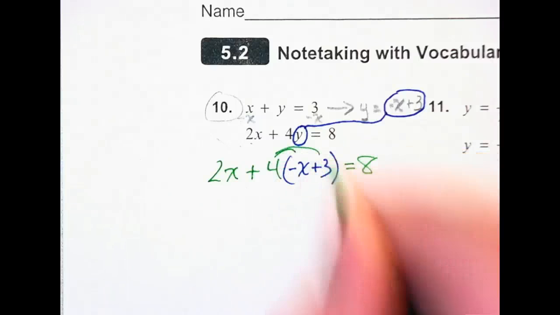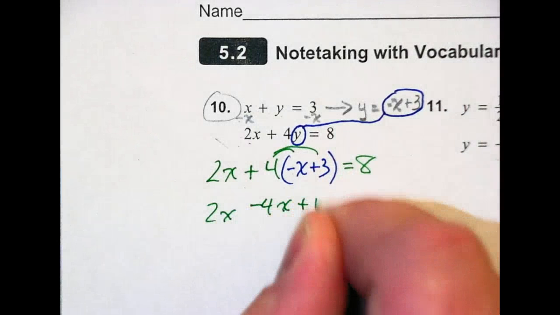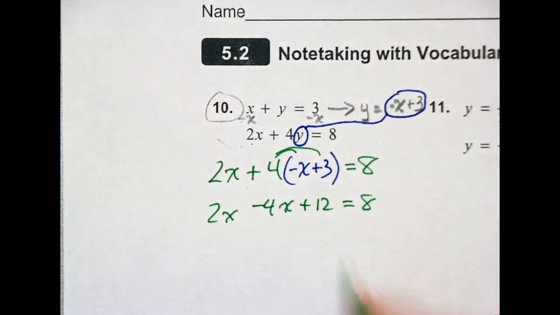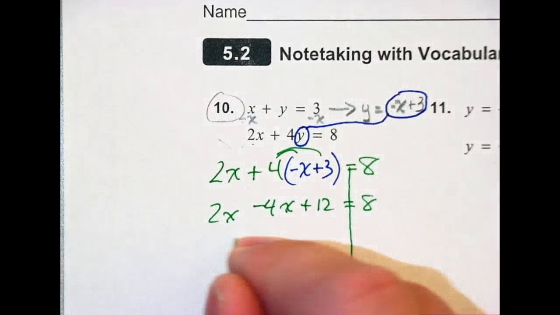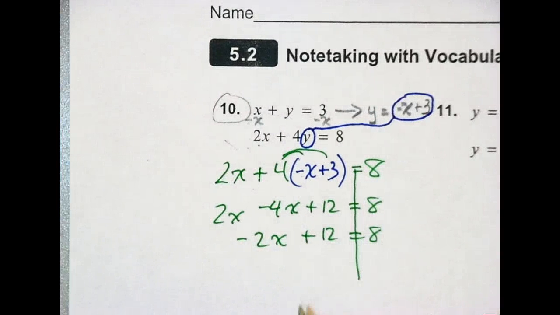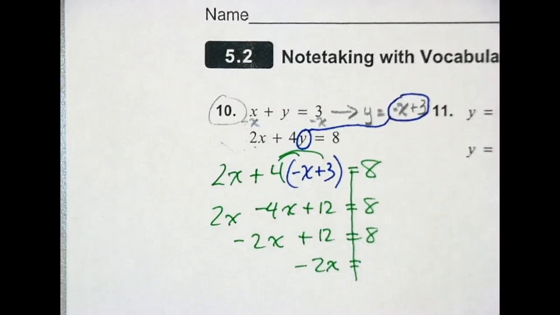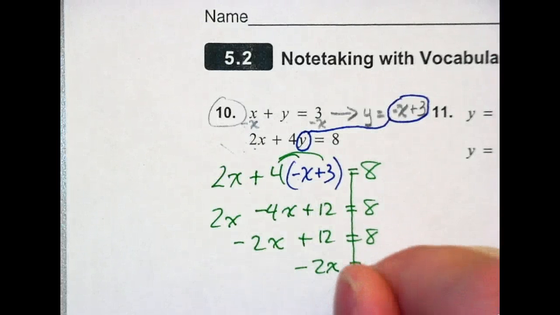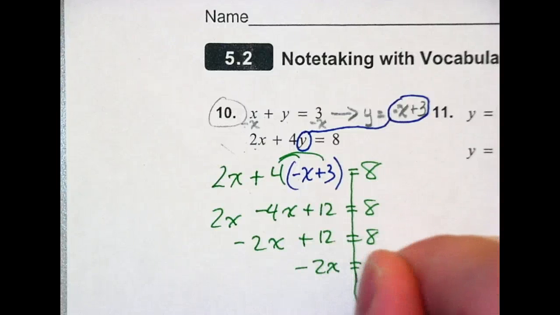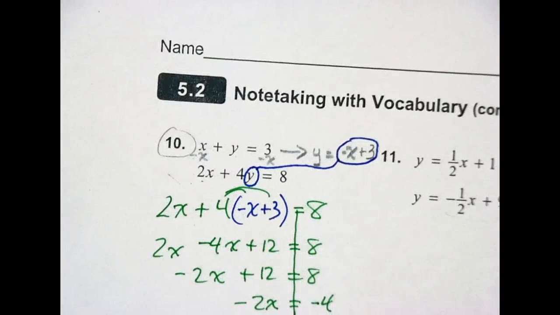We get 2x minus 4x plus 12 equals 8. 2x minus 4x is negative 2x plus 12 equals 8. Negative 2x equals what? So I subtract 12, I get negative 4. So what's 1x? 1x is 2.